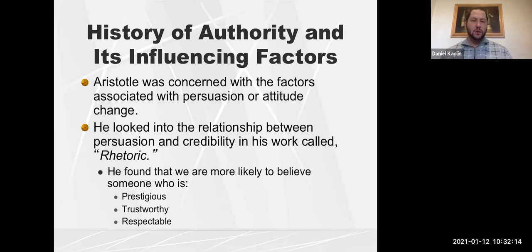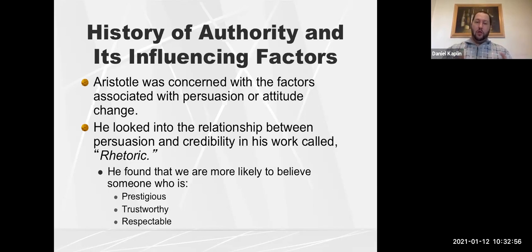And he wrote in the book Rhetoric, when people are viewed as more credible, as having more authority, well, if the person was viewed as prestigious, as in the case of a person with a major title, such as a professor, or if they're viewed as trustworthy, as in the case of parents, or respectable, as in the case of clergy, you are going to believe that person more.